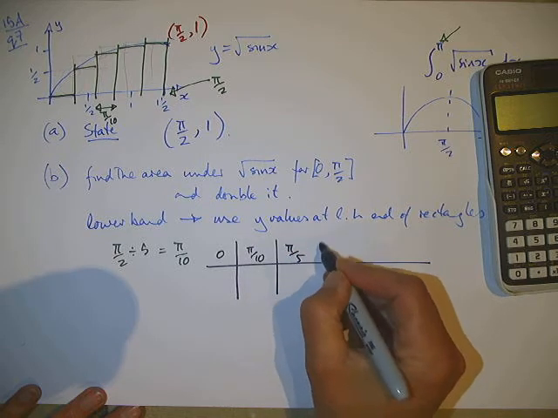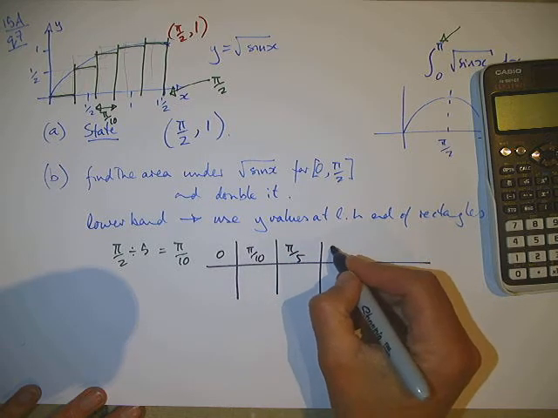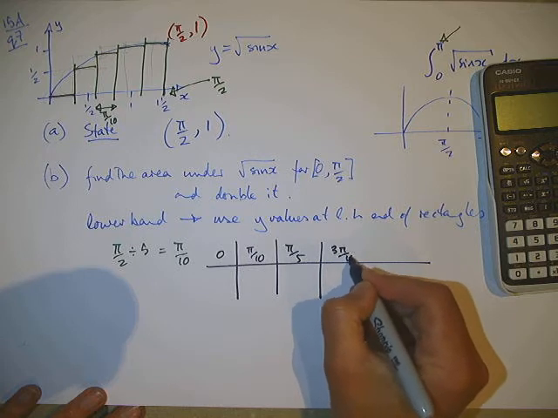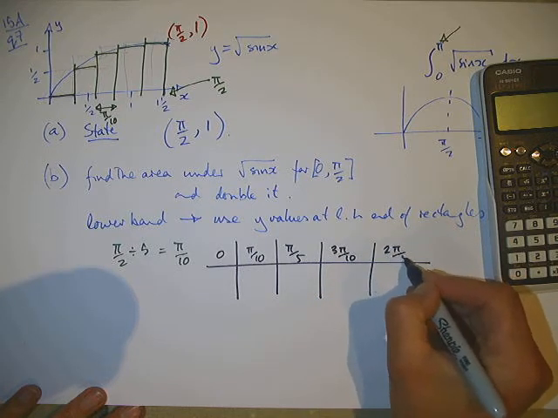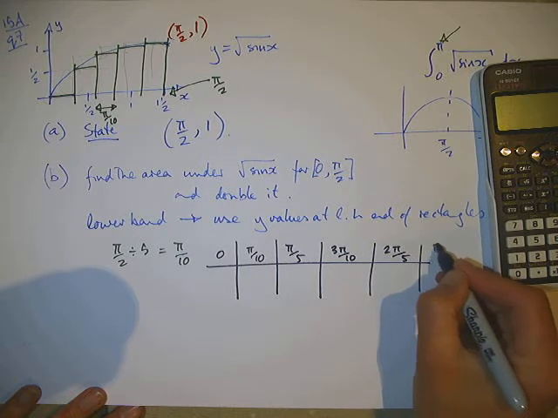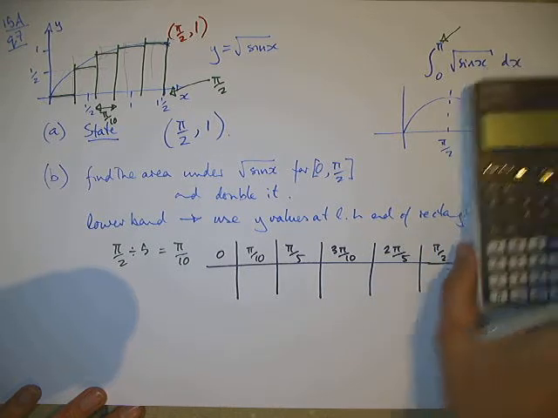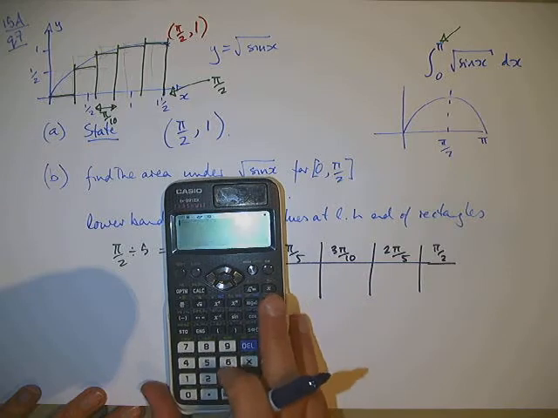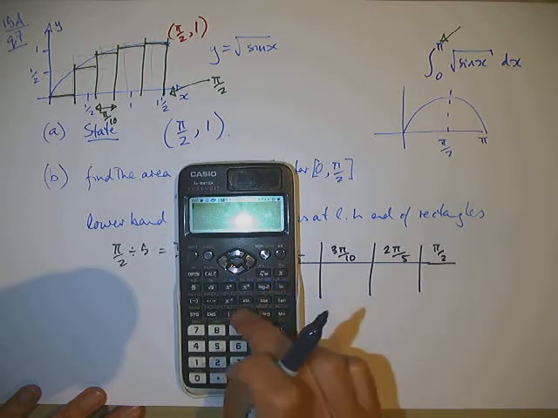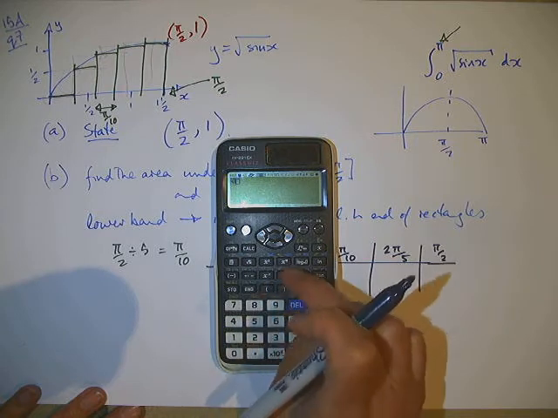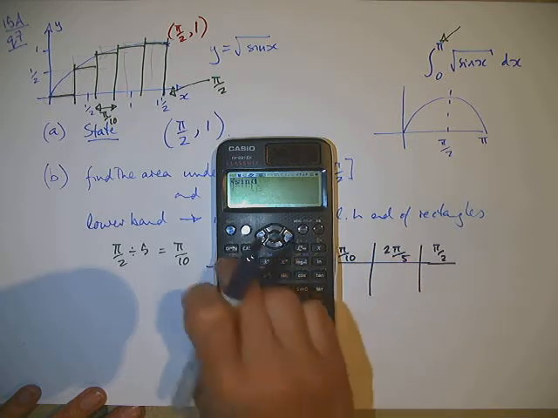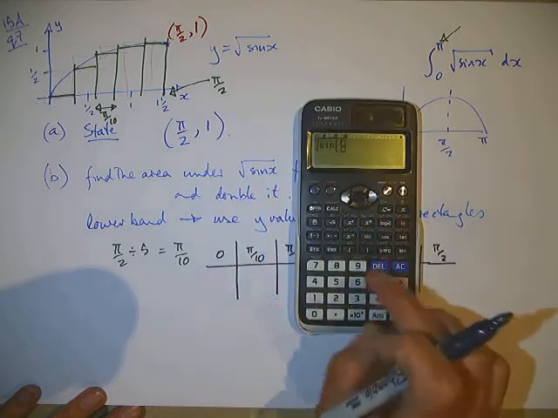You can check that on your calculator. And add another pi by 10, add another pi by 10, add another pi by 10. Checking you're in radians mode, work out the square root of sine of pi by 10.